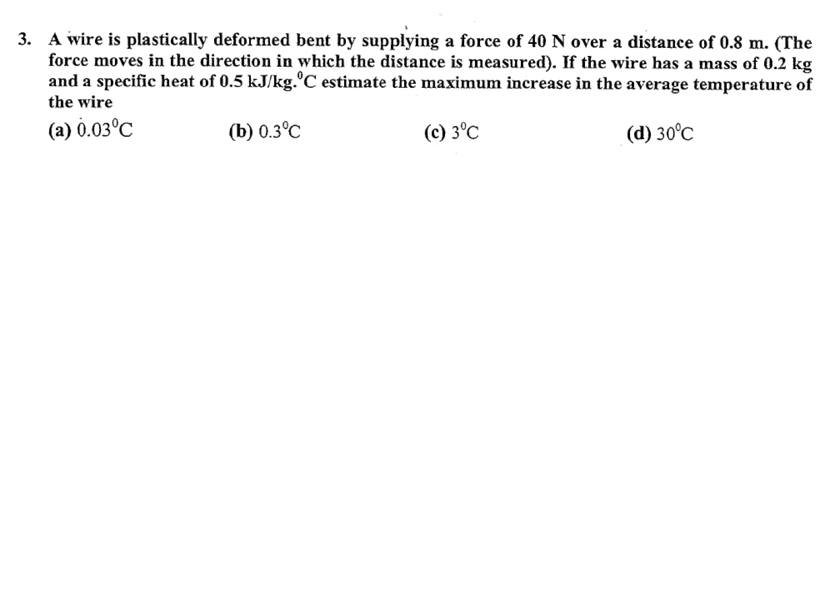Here our formula is m Cp dT equals F into distance x. Put the values: mass of 0.2, Cp 0.5 kilojoule, converted to joule, multiply 10 to the power 3.